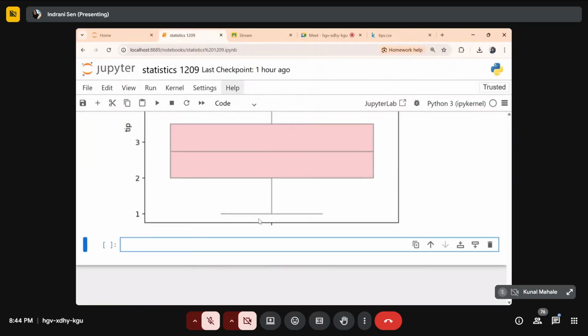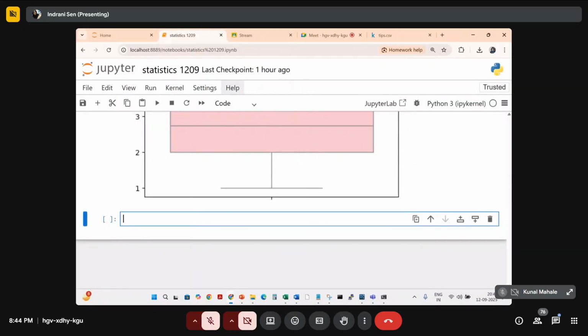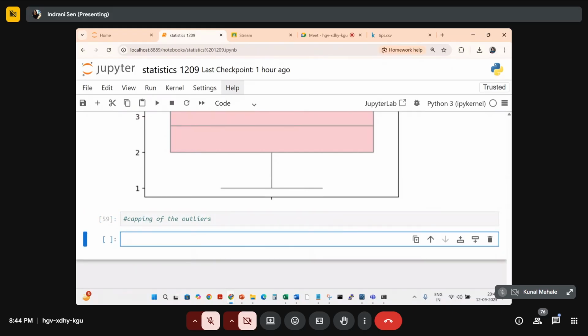The next technique we are doing is called capping. Capping basically means that I am replacing the outliers with the 95th percentile of the data. Capping of the outliers. So here I calculate the 95th percentile of the data.